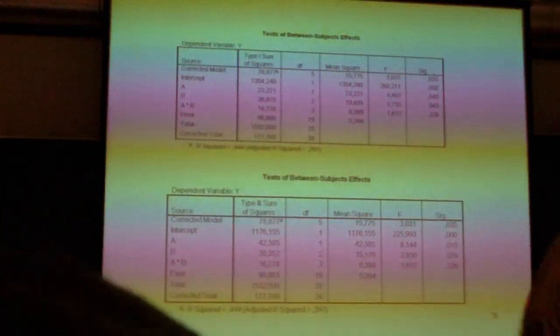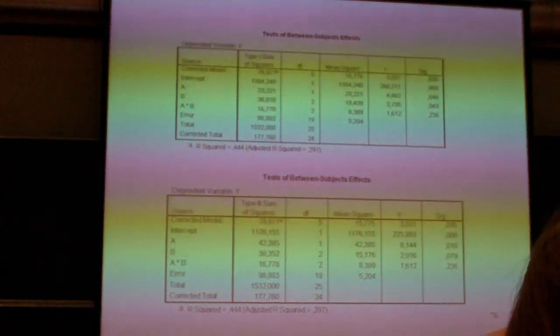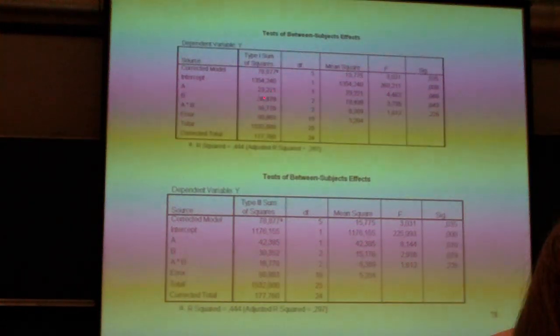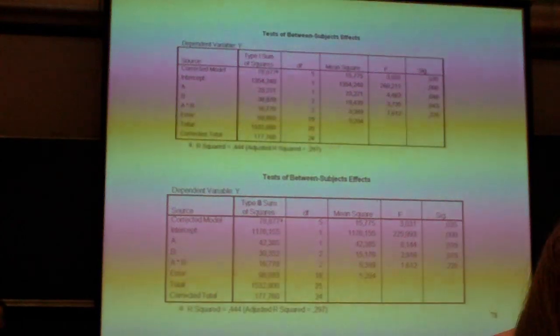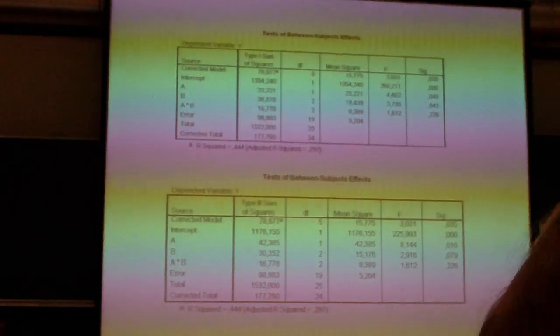Somehow we consider the main effects more important than the interaction effect. However, the variation that's ascribed to the interaction effect is corrected for overlap with the two main effects.